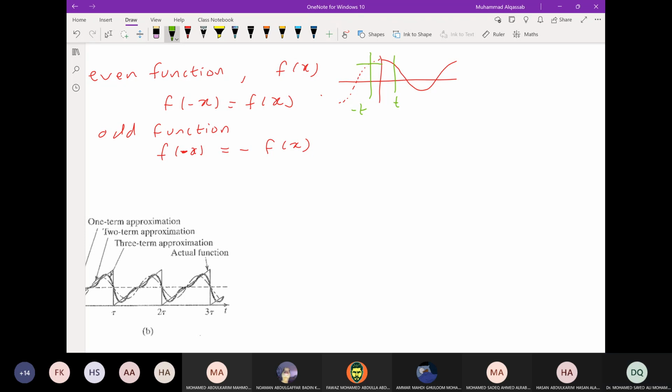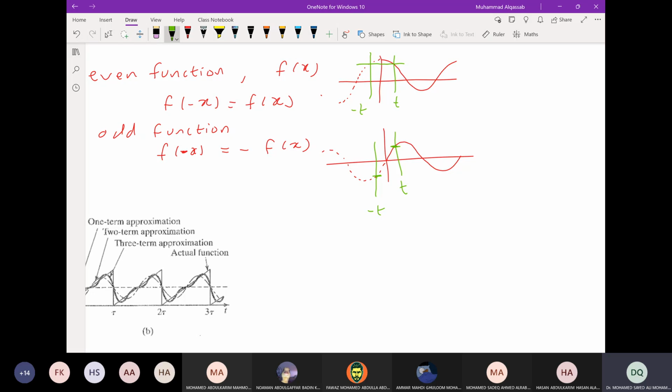So the sign of the function is the same. An example of odd is the sine. If you continue on the other side, at minus t, it is equal to minus the value at t. So they are equal, but they have opposite signs. We have a minus here, a plus here.